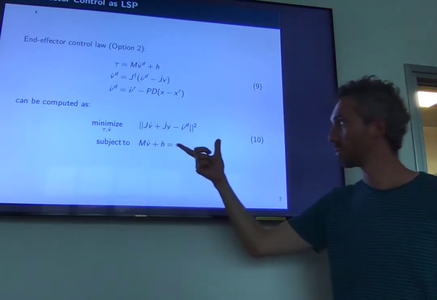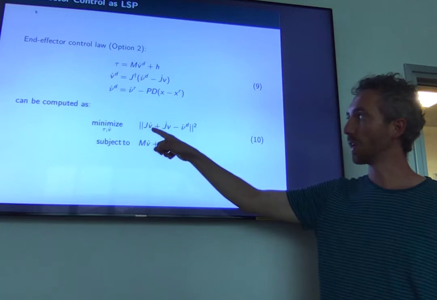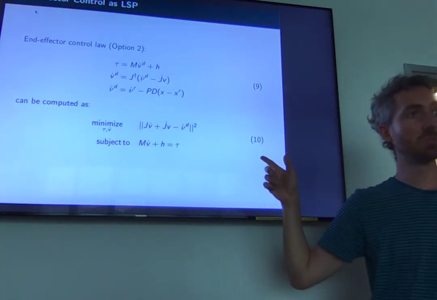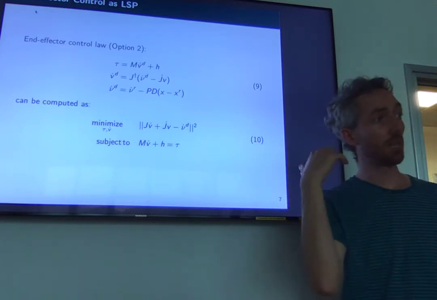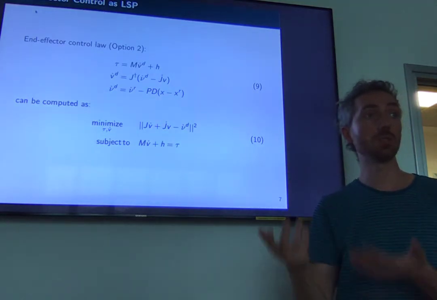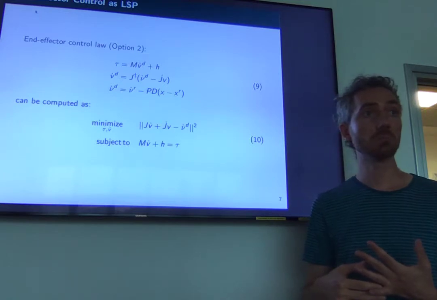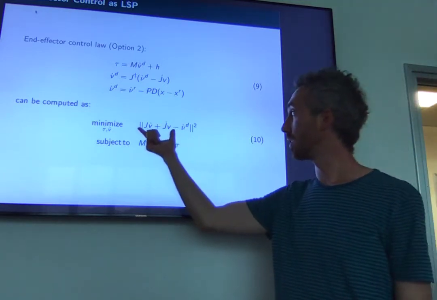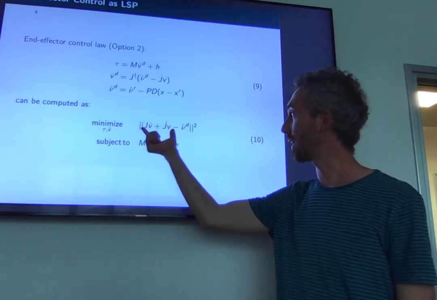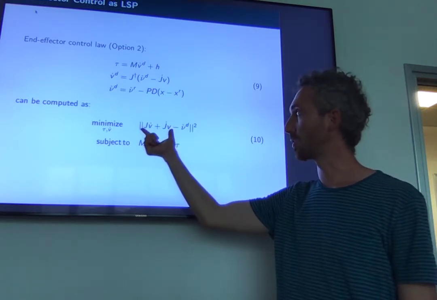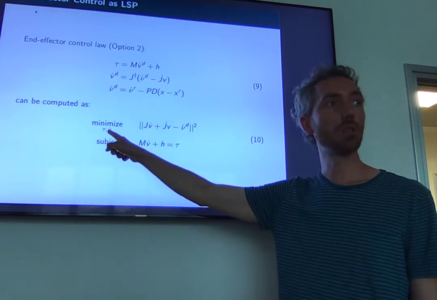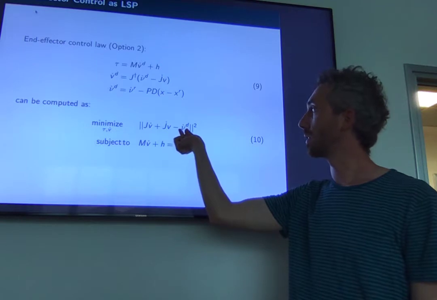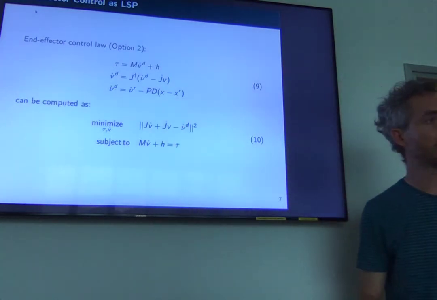When doing joint space control, here we had v dot minus v dot desired. Now what we care about is no longer the acceleration in joint space, but it's acceleration in an effector space. So we minimize the difference between the end effector acceleration, which is expressed as a linear function of the joint accelerations, and the desired end effector acceleration.